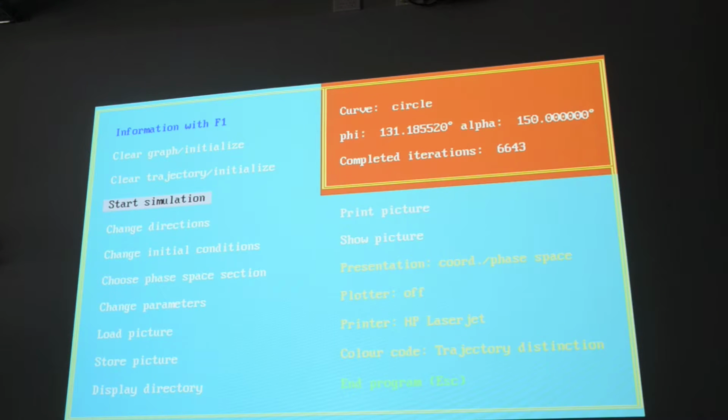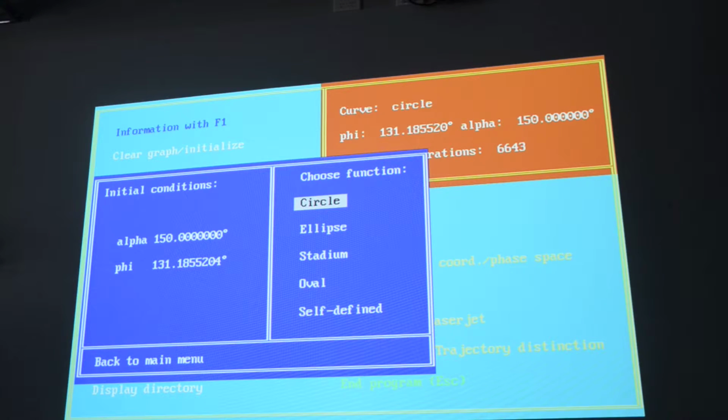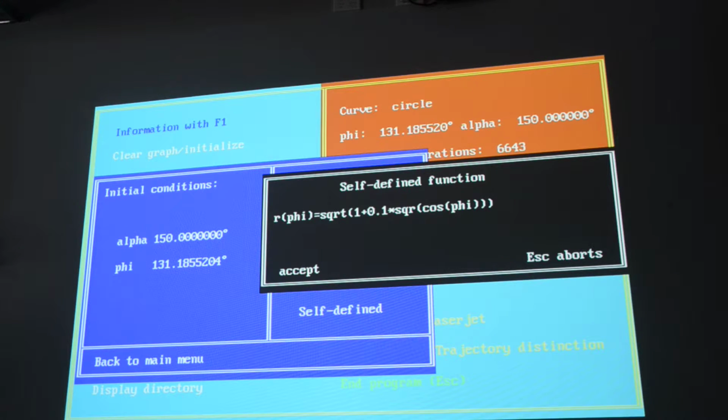Now I'm going to change that. Self-defined, okay, and you can see, right, this is not what I'm going to make. I'm going to write, this is going to be 1 plus 0.1 times cosine theta.